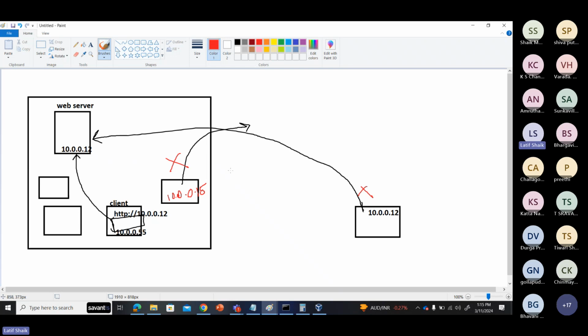Here is the question. You understand that my server is in my private network, so you cannot access it.